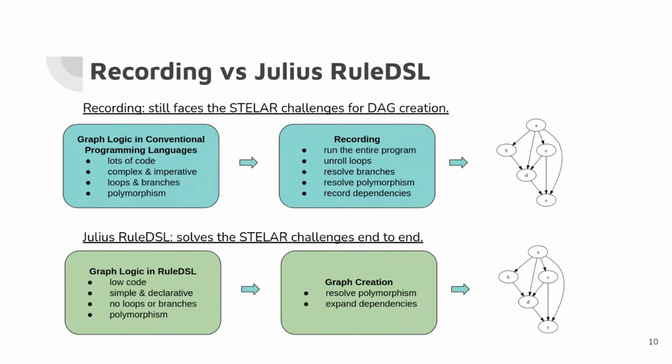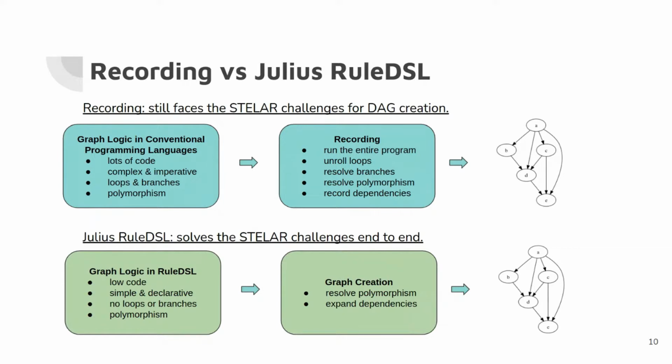All of that is at your disposal. So this is a very complex set of language features. But if you look at the final output you want to produce, it's a computational DAG which doesn't have any of these features. It doesn't have loops. It doesn't have branches. It doesn't have polymorphism. It's just a computational DAG with all of this information removed.